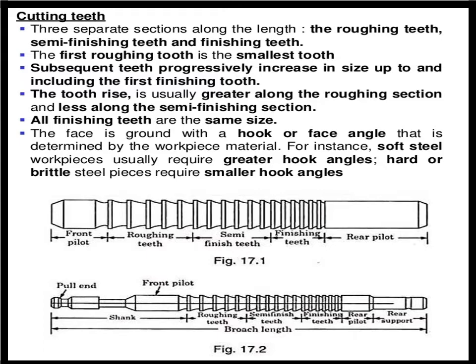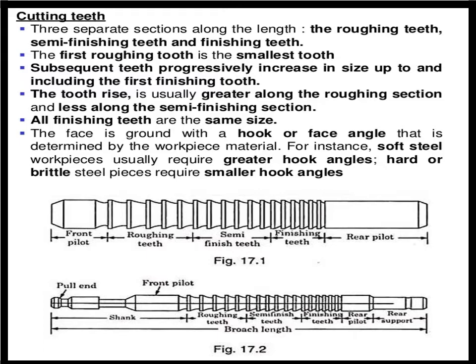As you can see, there are different sections of the cutting teeth along the broach length: roughing teeth, semi-finishing teeth, and finishing teeth. The first set of roughing teeth are the smallest, and gradually the size of the tooth increases towards the finishing tooth.